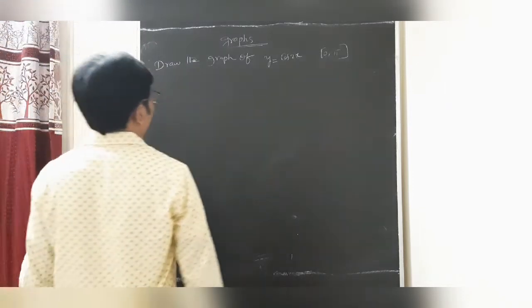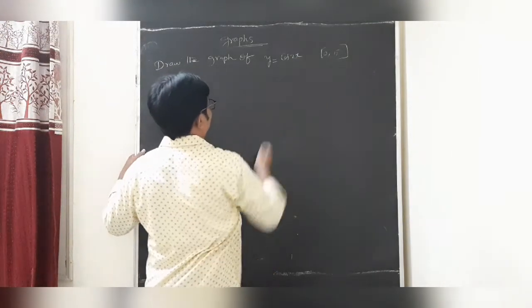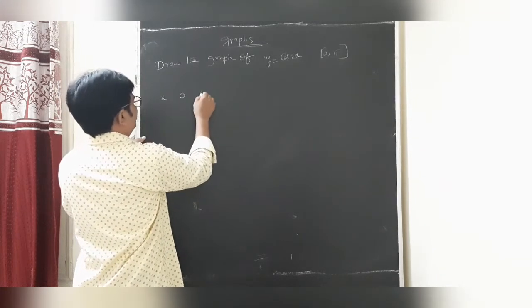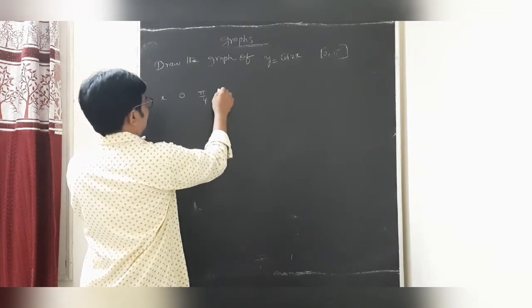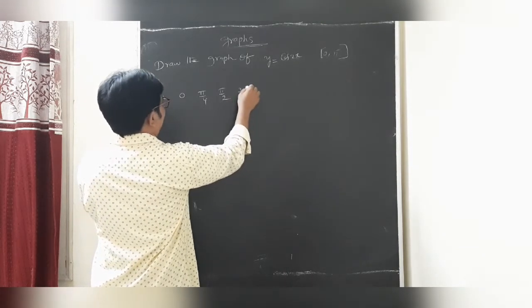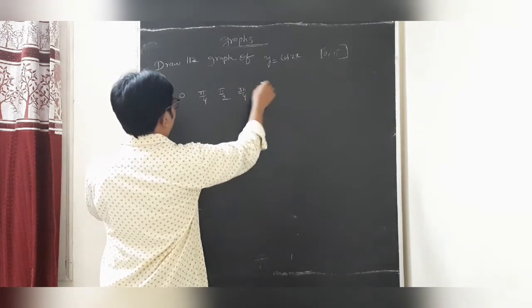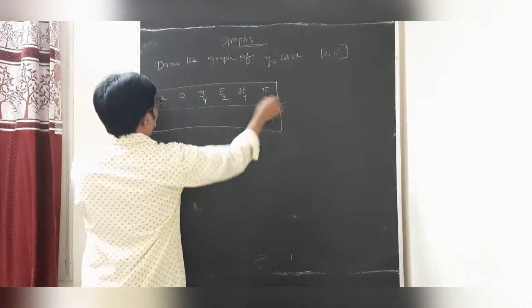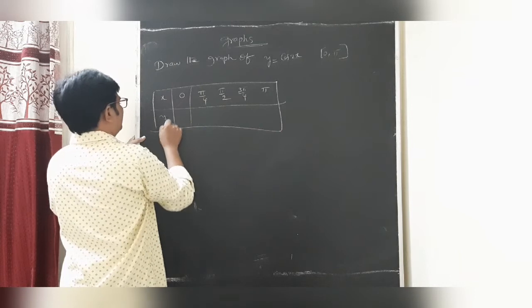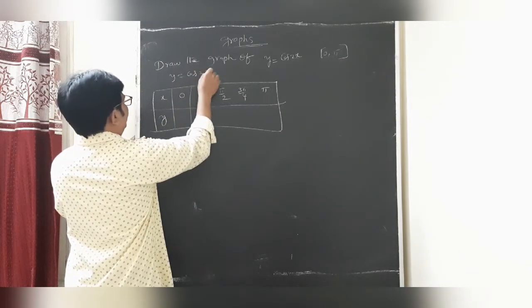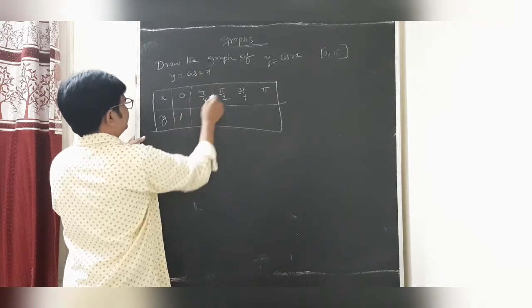My dear students, y equal to cos 2x is there. Therefore these are the values: 0, 45, 45 plus 45, 90, 90 plus 45, 135, after that 180. So y equal to cos of 2x: cos 0 is 1.